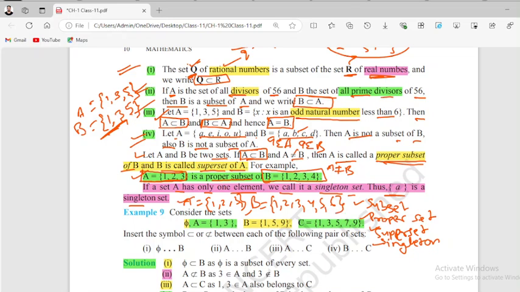A is a subset of B, because every element of set A is also present in set B. And we can also say that B is a superset of A. A is a subset of B, but A is also a proper subset of B, and B is a superset of A.